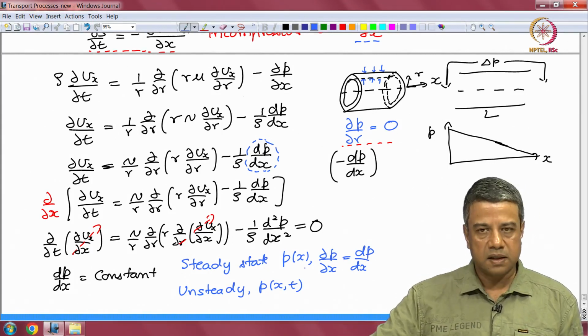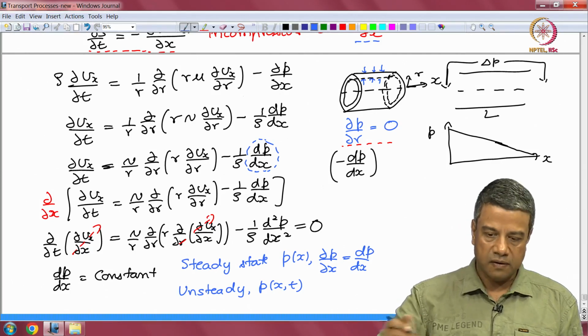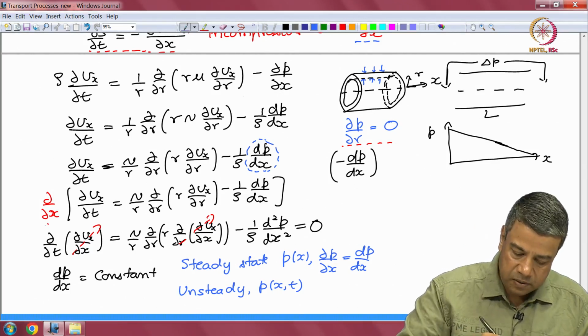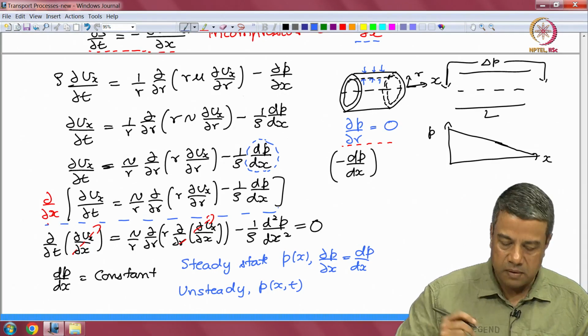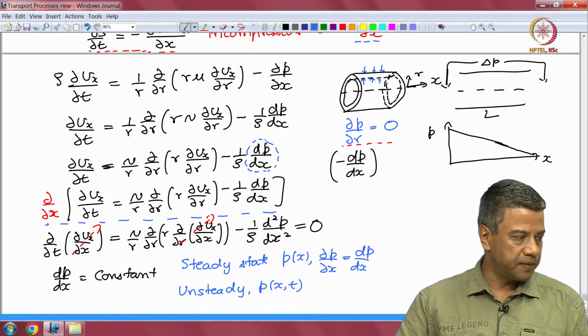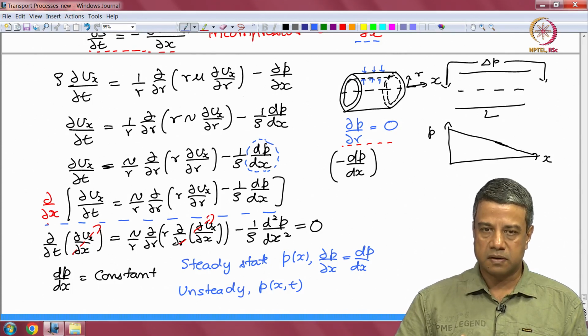And the other thing that we did in the last lecture was to take the derivative of the entire momentum balance equation with respect to x, and use the condition that partial Vx by partial x is equal to 0 for an incompressible unidirectional flow.